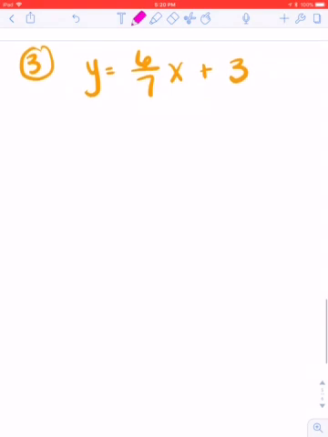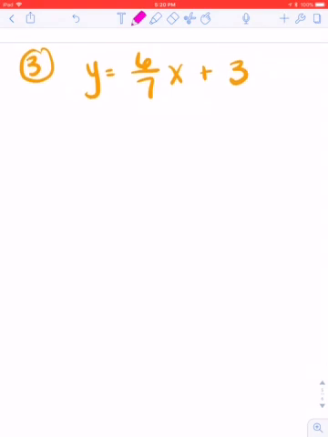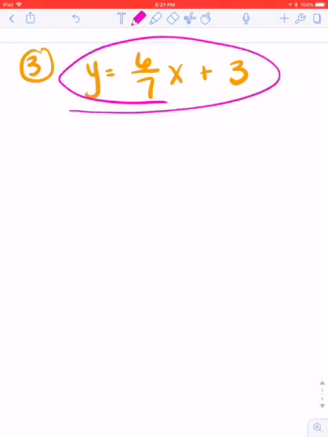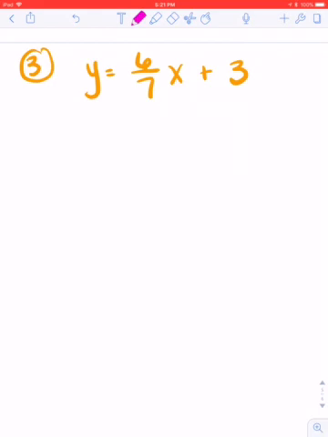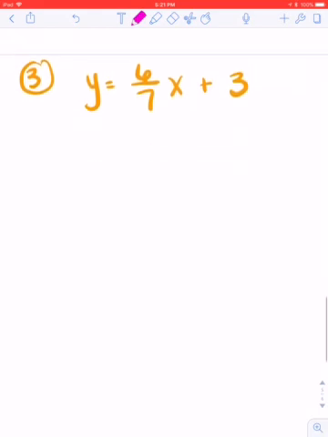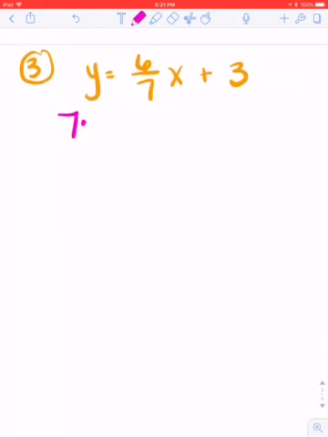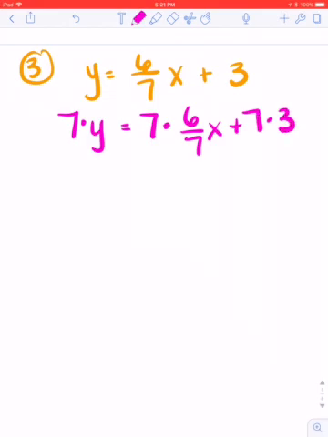Now, our last one is dealing with those fractions that we were dealing with today. So remember, we can't have fractions or decimals. To get rid of the fraction, we have to focus on this bottom number, which is 7. So to get rid of it, I'm going to take this whole equation and multiply it by 7. So 7 times Y equals 7 times 6 over 7X plus 7 times 3.